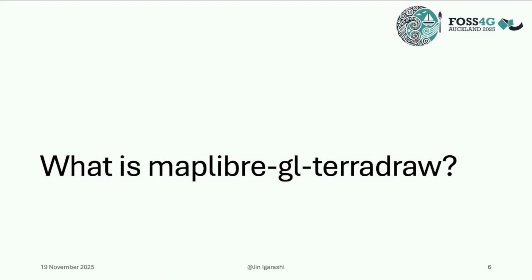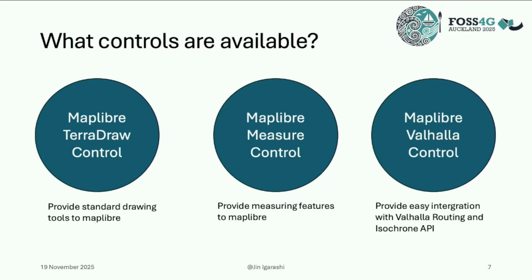And what is maplibre-gl-terradraw? It's a wrapper plugin for Terra Draw, bringing the Terra Draw features to MapLibre. There are three controls. The first is the maplibre-terradraw control, which is a purely drawing tool for MapLibre.